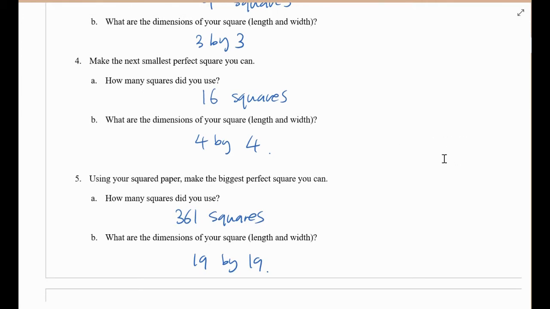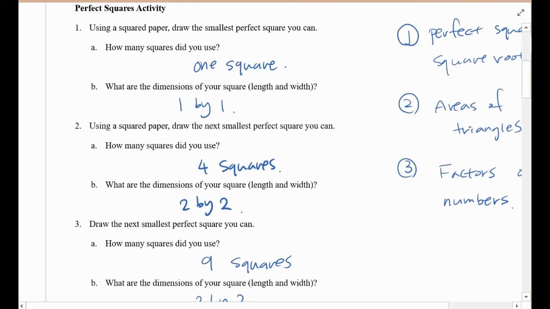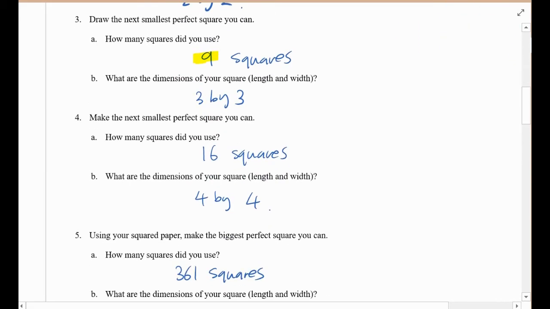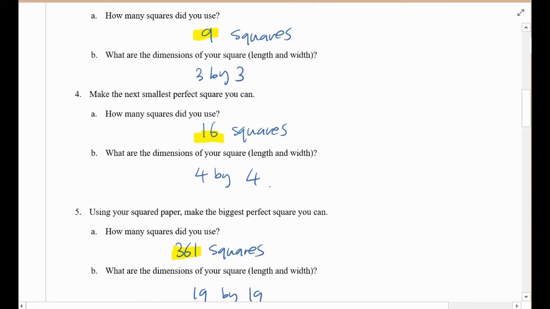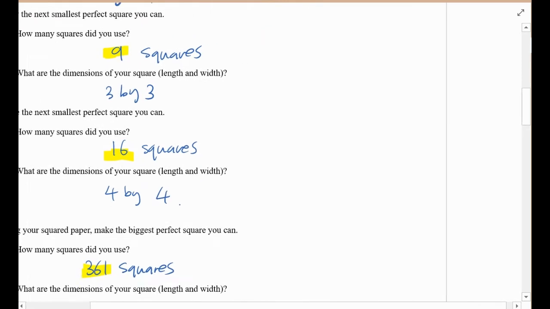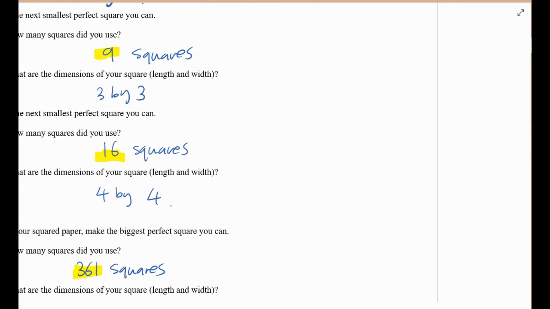Okay, everyone. So we found those numbers: 1, 4, 9, 16, 361. Those numbers are called perfect square numbers. For example, we know 1, 4, 9, 16 are perfect square numbers. And what's the next perfect square number? 25.